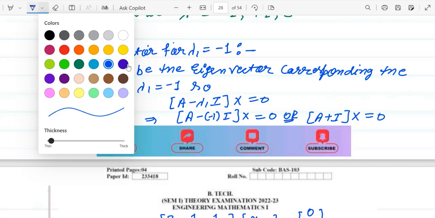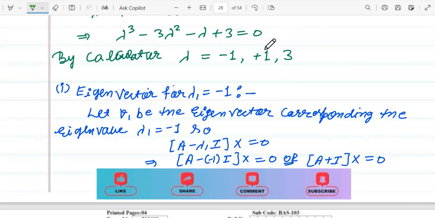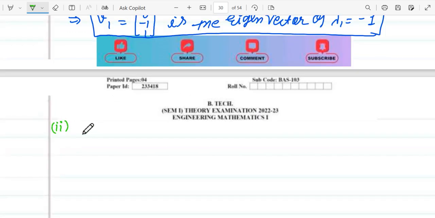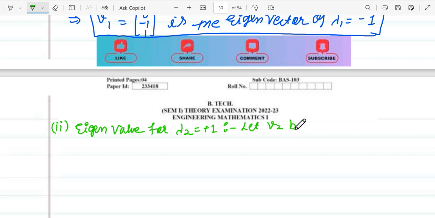Now second eigenvalue is, what is second eigenvalue? Second eigenvalue is positive 1. Now eigenvector for lambda 2 is equal to positive 1, number second. Let v2 be the eigenvector for lambda 2 is equal to plus 1.